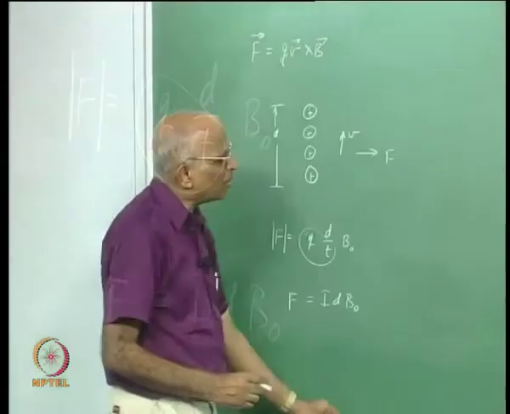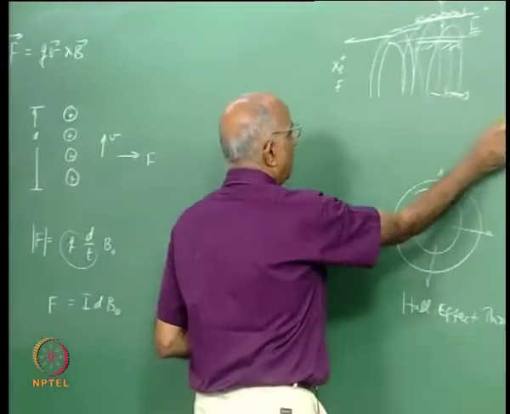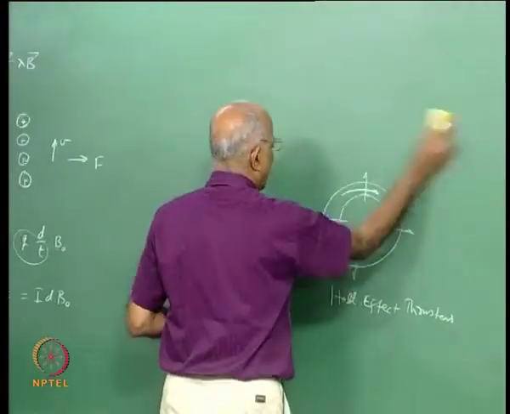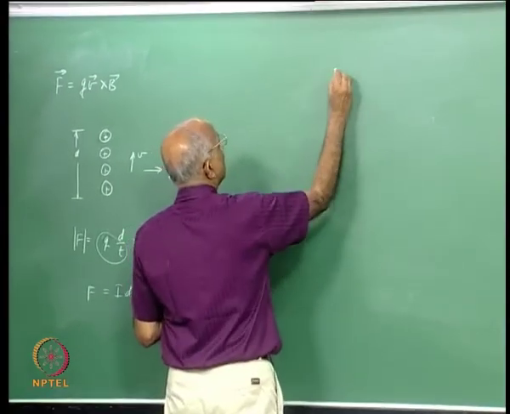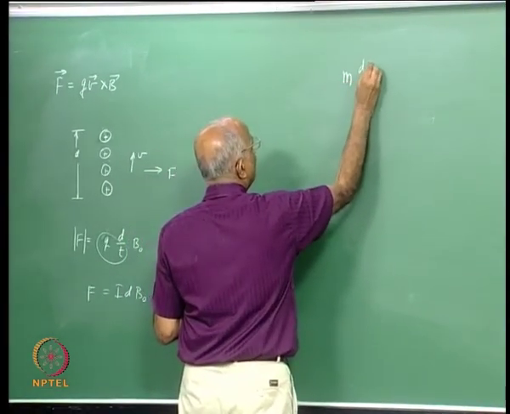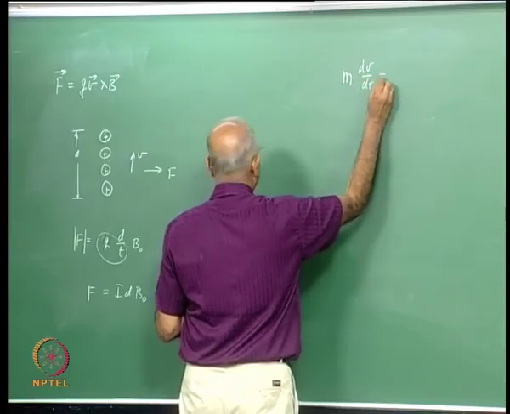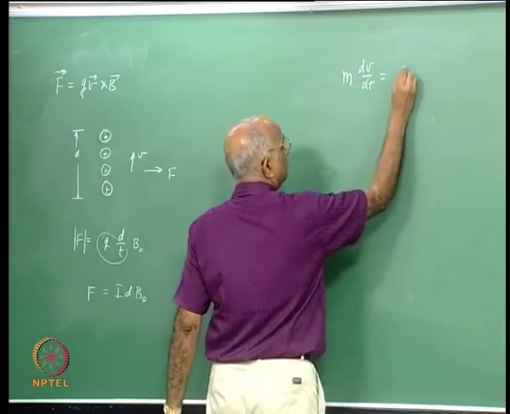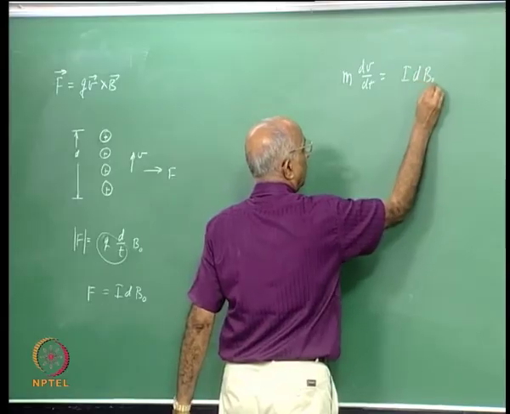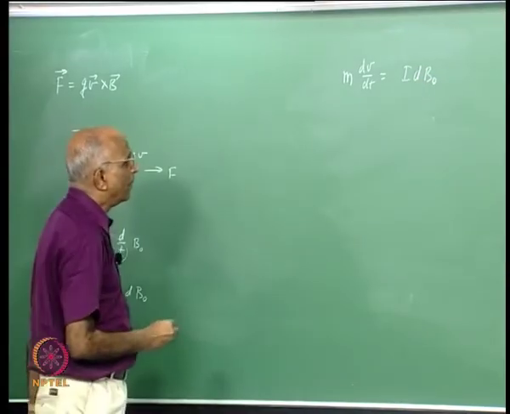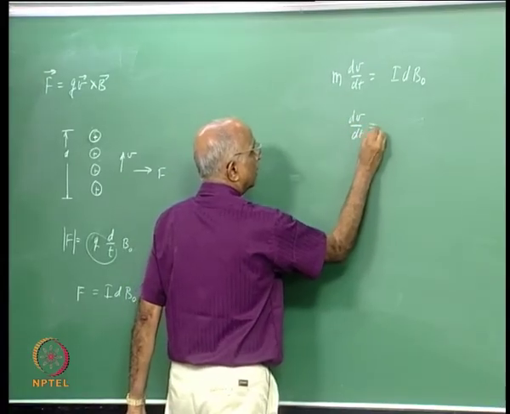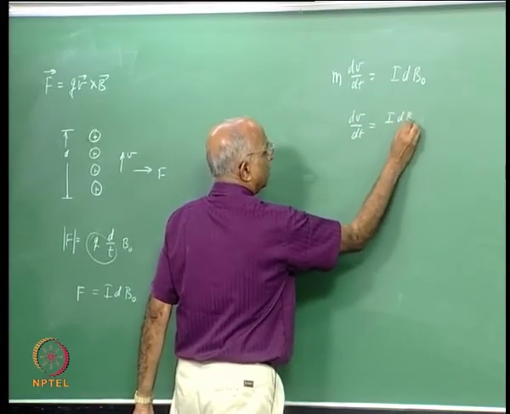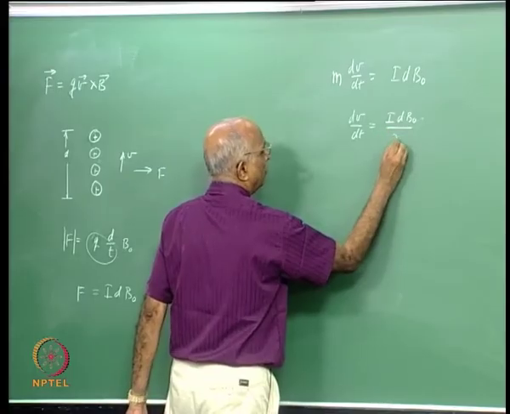And to be able to complete this scenario, if I were to write the force as equal to mass into acceleration, where m is the mass of the charge, I get m into dv by dt is equal to i d b0, where b0 is the magnetic field, or rather I get dv by dt is equal to i d b0 by m.